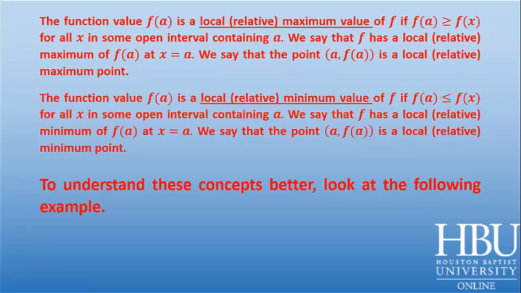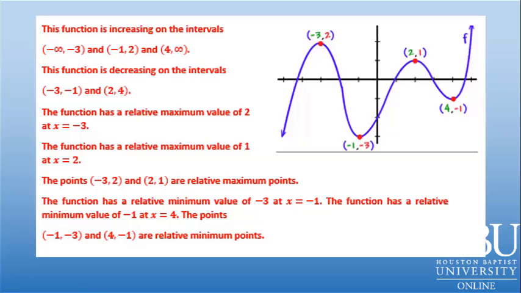To understand these concepts better, look at the following example. Sometimes I think you can get lost in mathematical verbiage, but looking at a picture will suddenly make it very clear and easy to understand. In this graph, we have a function f, which is this blue curve, and we might ask ourselves, where is this function increasing?